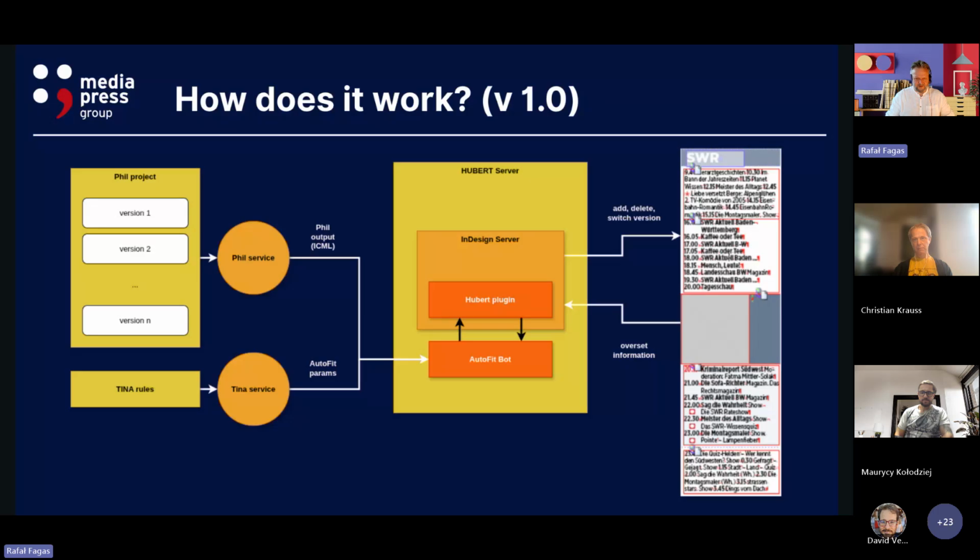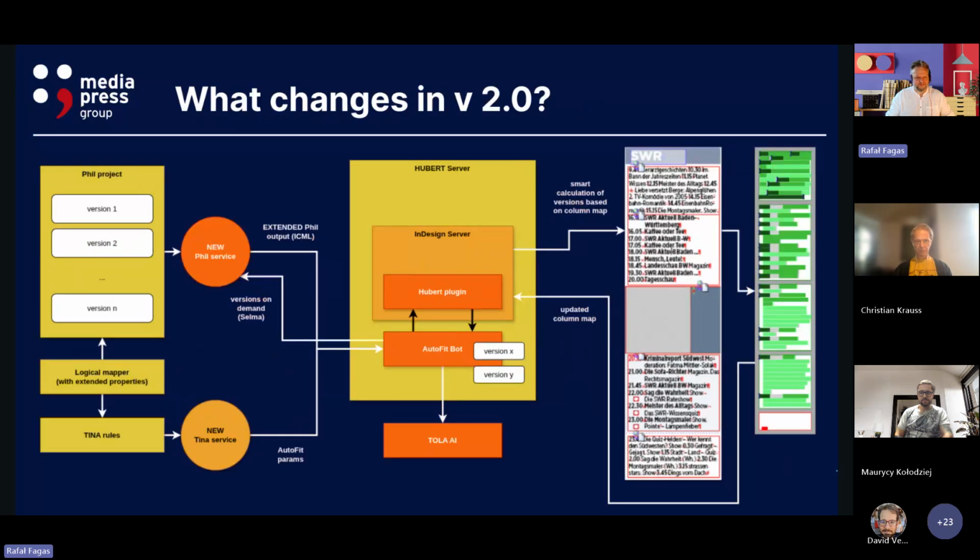This is version 1.0, and version 2.0, as you can see, is a little bit more complicated. We still have the Phil project, we still have TINA rules. In this case, we migrated the AutoFit system to the new version of Phil and TINA. AutoFit 1.0 used the old one, which we would like to close someday.